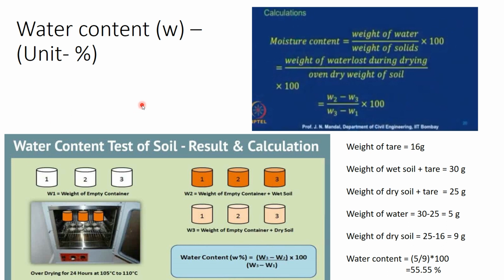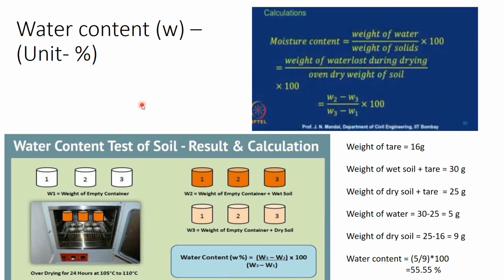Is anyone having doubt in this, how to find out water content? So nothing, you take a cup, put the soil in that, measure the weight, keep the cup in the oven for 24 hours, and then take the cup out and measure the weight. So you have two weights, wet weight and dry weight.